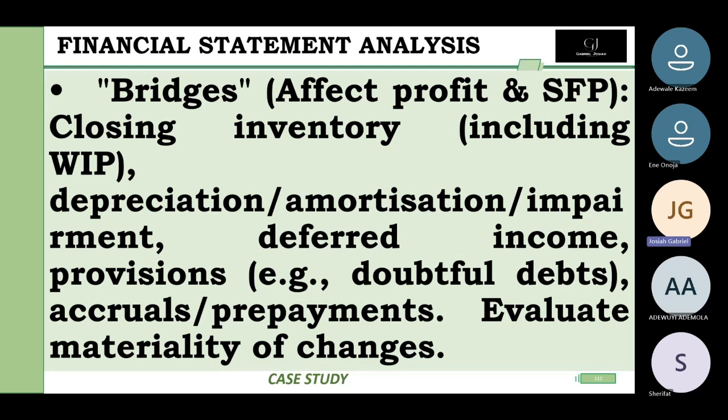So your depreciation, amortization, impairment, deferred income, provisions for doubtful debts, which is currently IFRS 9, looking at expected credit loss and all those models. Look at accruals, prepayments, and evaluate materiality of these changes.